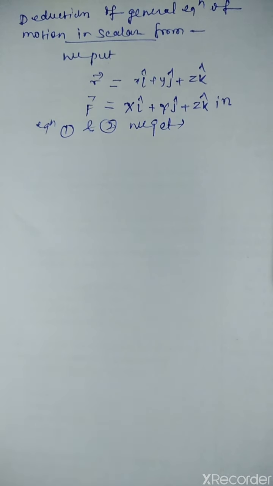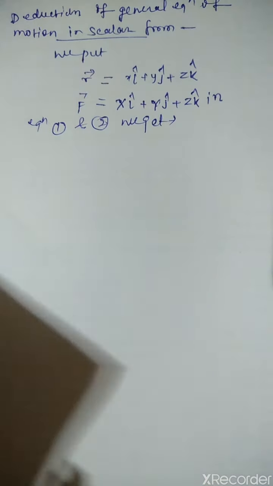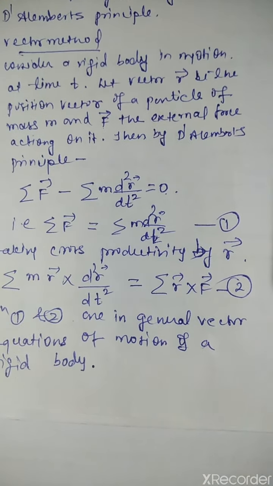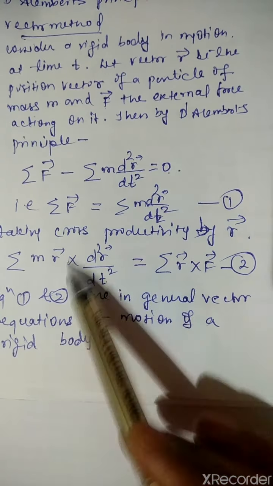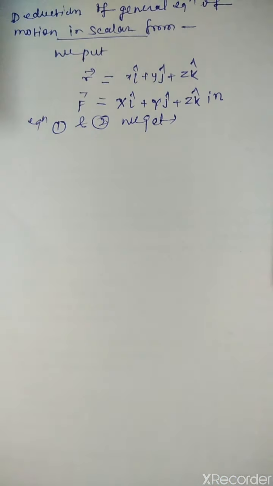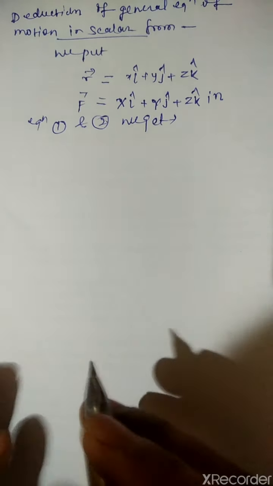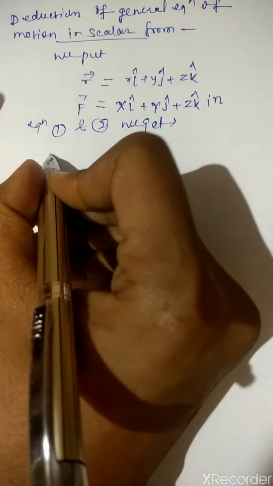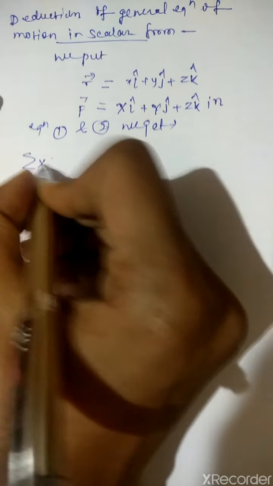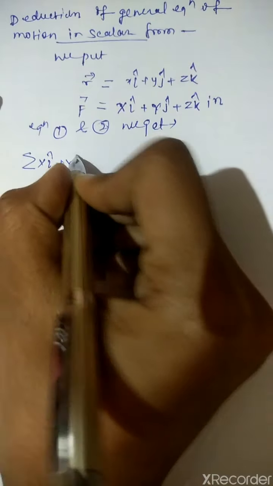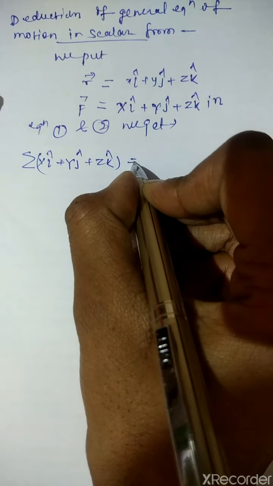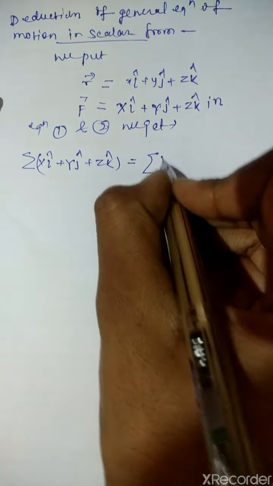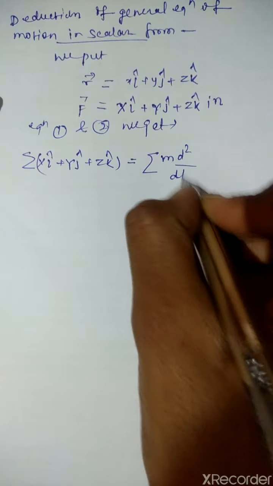So after substituting the values, we put the value in equation number 1 and then in equation number 2. We have sigma xi, yj and zk equals sigma m d2 by dt square.